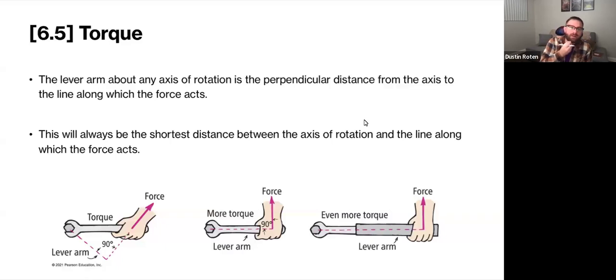So the lever arm about any axis of rotation is the perpendicular distance from the axis to the line along which the force acts. Okay, so let's look at this first picture. Notice this hand is at an angle, and that actually causes the force vector to be at an angle.